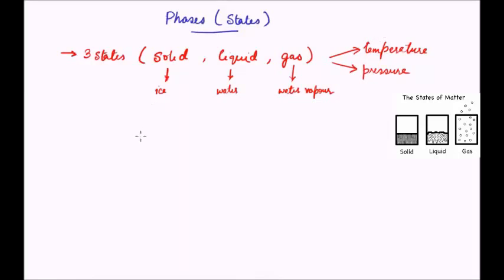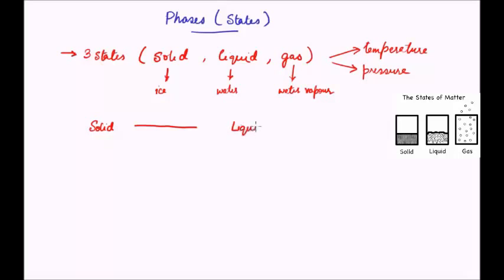Now let us see what the transformations are called. Solid is the state which exists at the lower end of the temperature; for colder material, solid is found. Second is liquid.